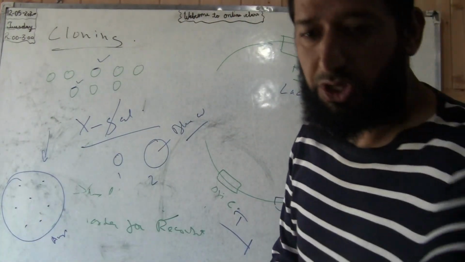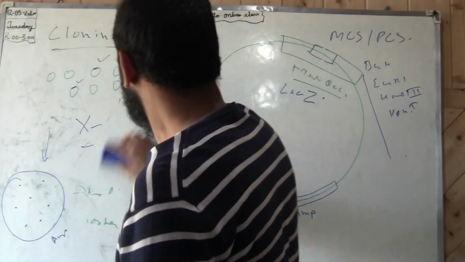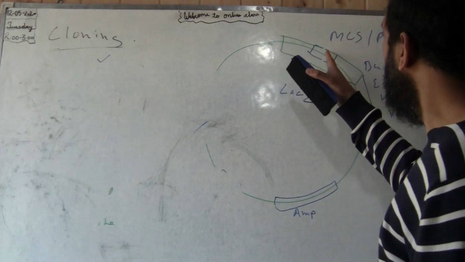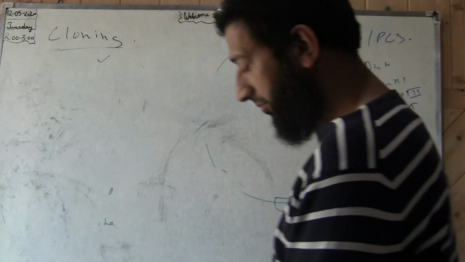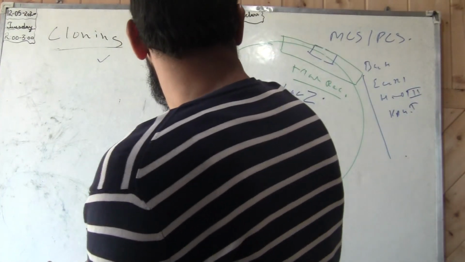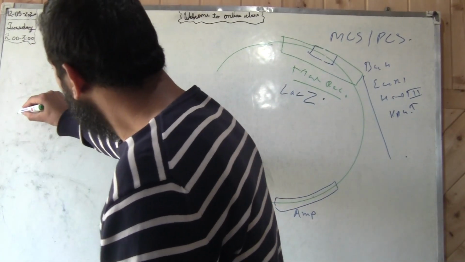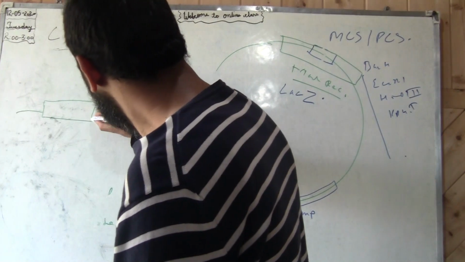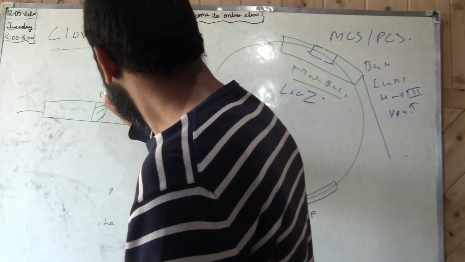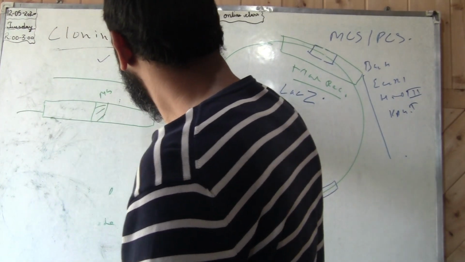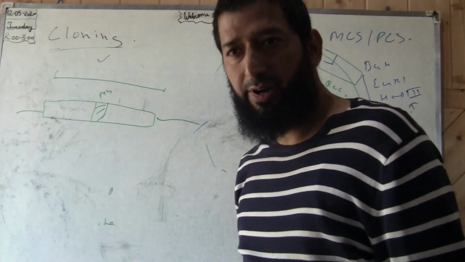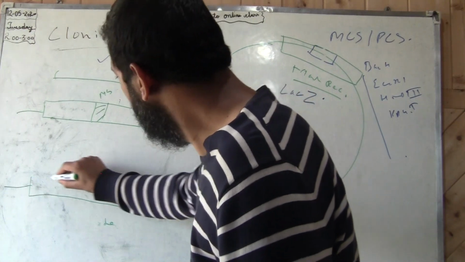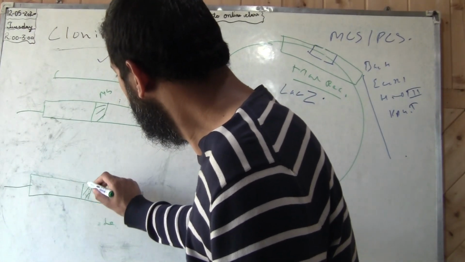If we see now this situation, you have a multiple cloning site. Let's draw it separately. This is your multiple cloning site, this is your marker. And you have another condition also, you have the marker and you have this MCS.